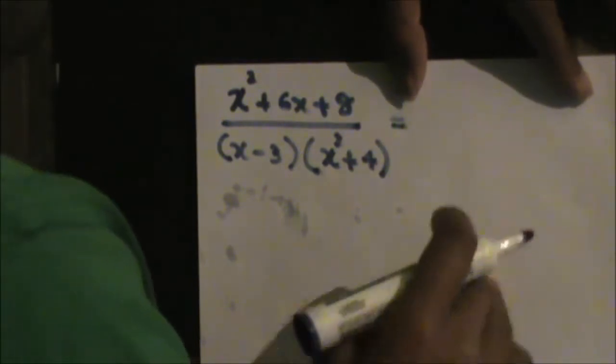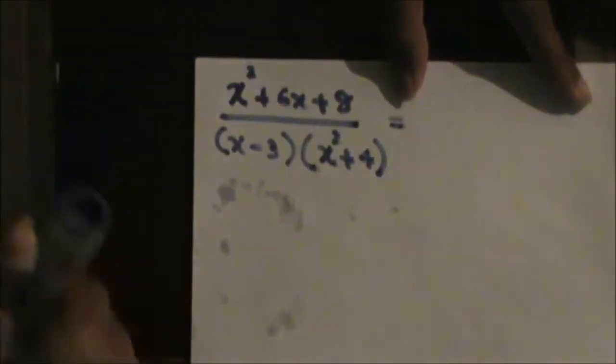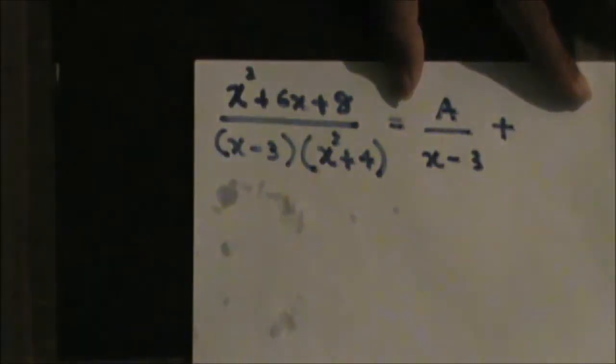So as in the last video, I'll write the first fraction to be a divided by x minus 3, plus, for the next fraction, the denominator x squared plus 4.